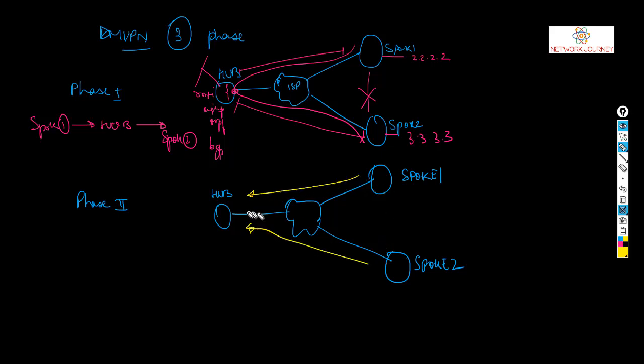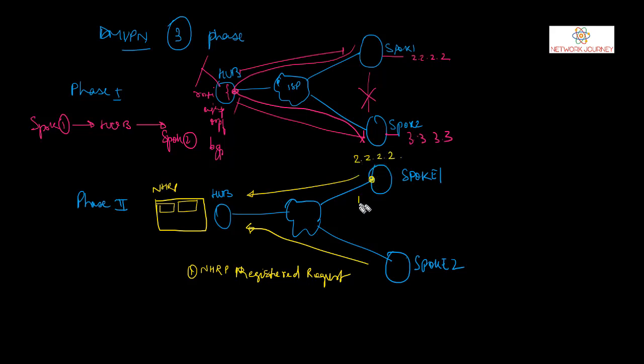They're going to send the NHRP registration request. So the hub will start forming its NHRP table, and this table will talk about the mapping of private to public, so we will have multiple entries. This private is associated with this public IP. Let's say the public here is 2.2.2.2 and the private there is 192.168.1.1. So this entry will be stored here.